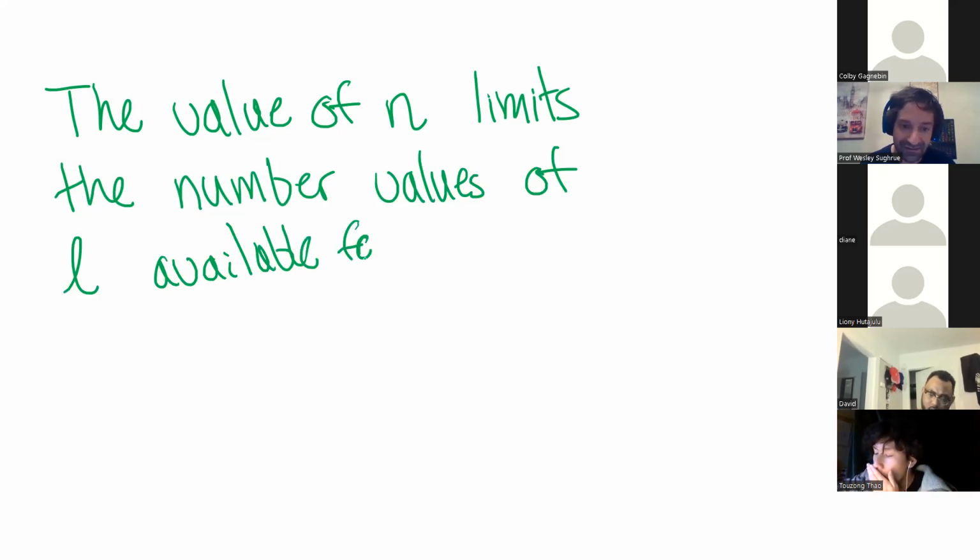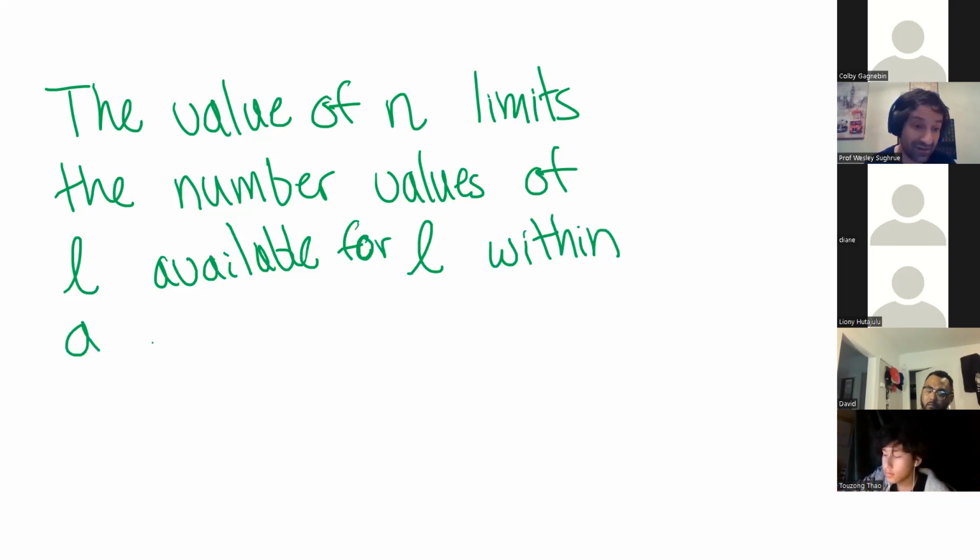And this is going to get annoying, but the analogy, like you just pointed out, and I appreciate you saying that, David, actually helps with this. Okay, and we'll see that in a second. So the value of n limits the number of values of L available within a specific n.